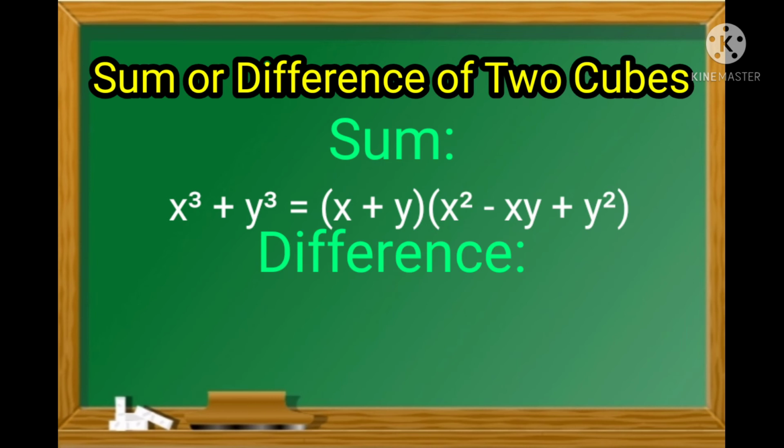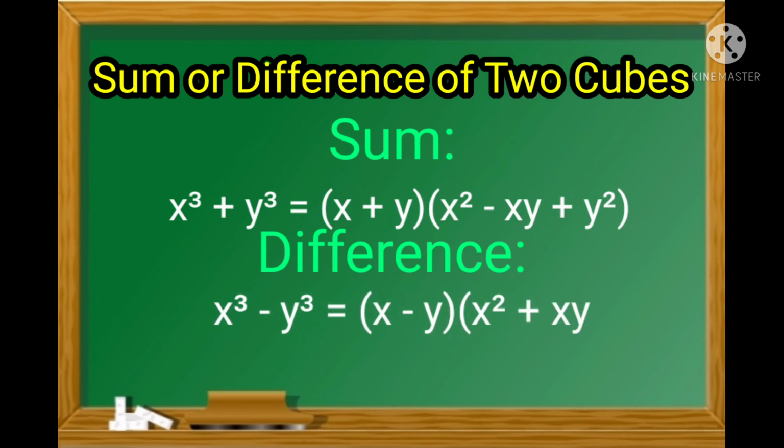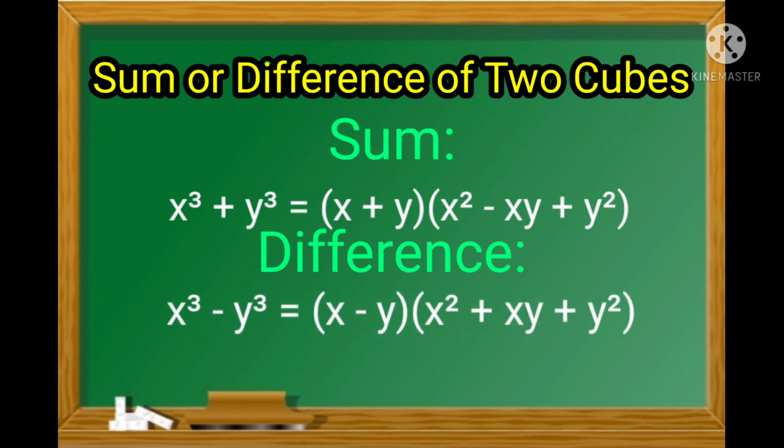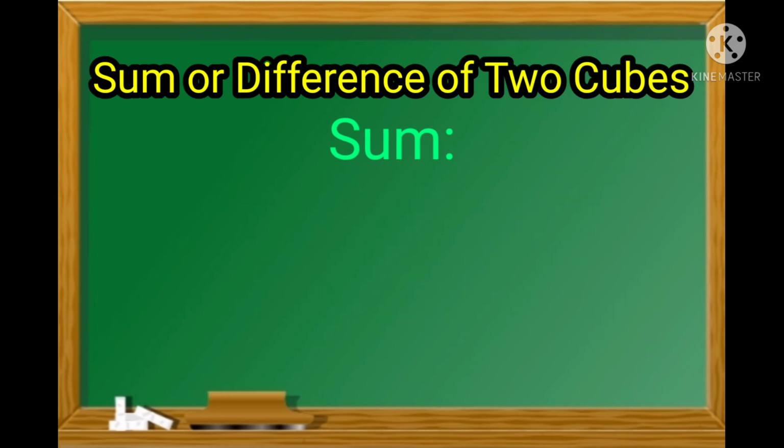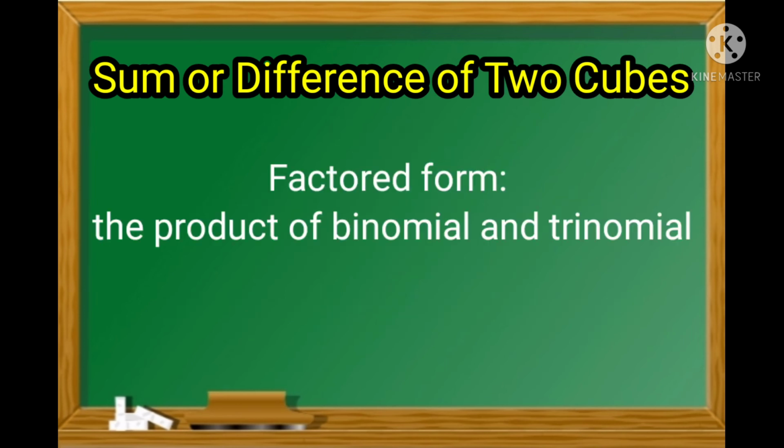For difference of two cubes, x cubed minus y cubed is equal to the quantity (x - y) times (x squared plus xy plus y squared). The factored form of the sum or difference of two cubes is the product of a binomial and a trinomial.